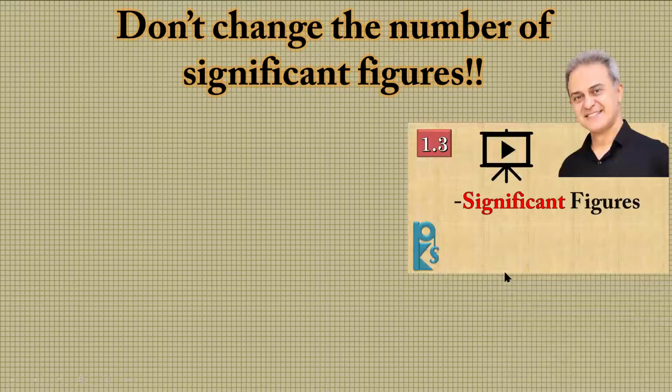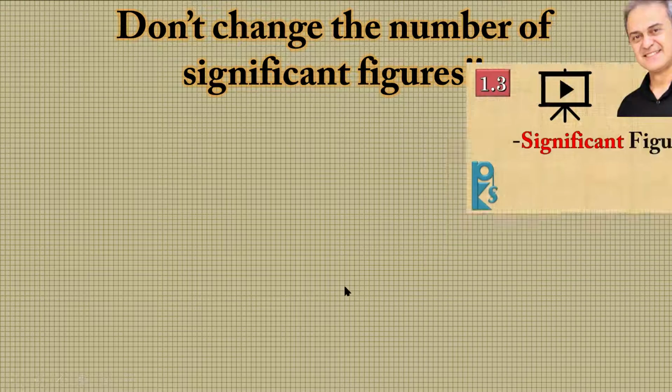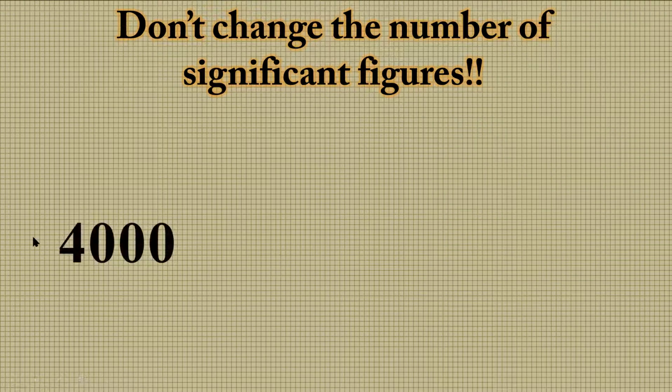I have a video about significant figures, please check that. And if you know them, I can start. This is 4,000, a given number. It has just one significant figure because the trailing zeros are not regarded as significant ones because there is no decimal point.